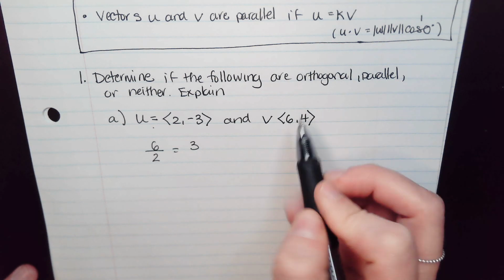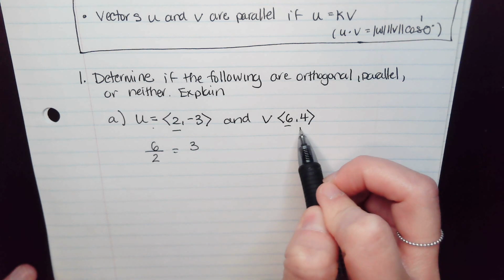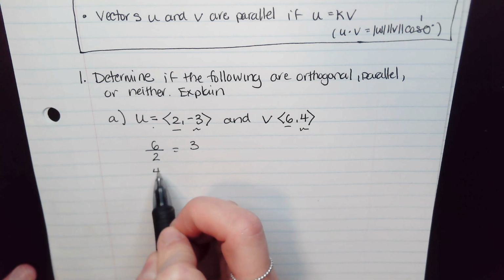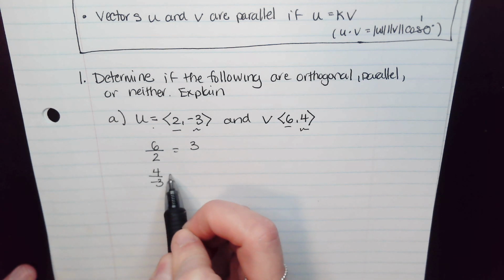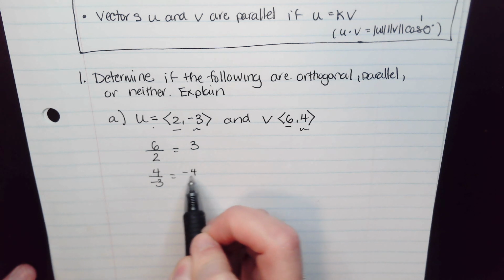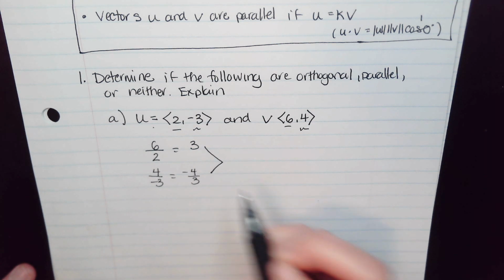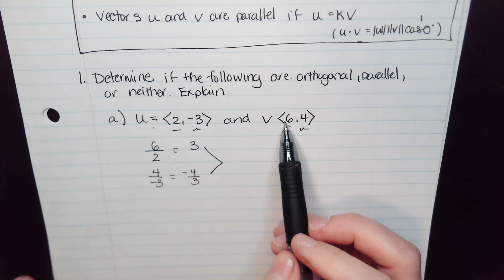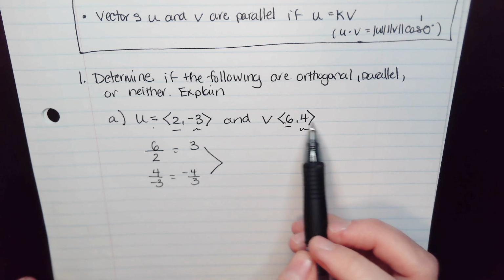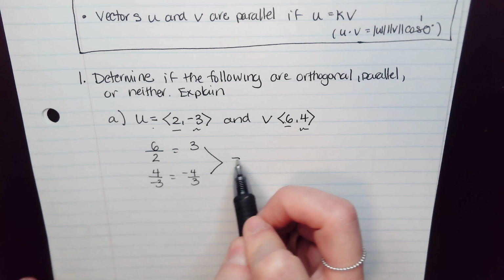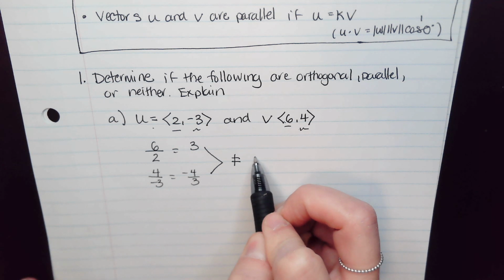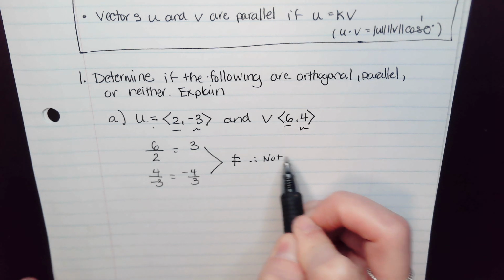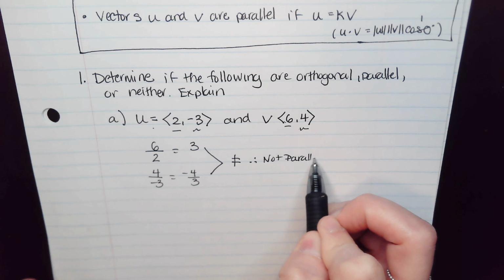That gives us 3. And then I'll take 4 divided by negative 3. That gives me negative 4/3. So did I get the same thing when I divided the second vector v by the first vector? No, so they're not equal. Therefore, they're not parallel to each other.